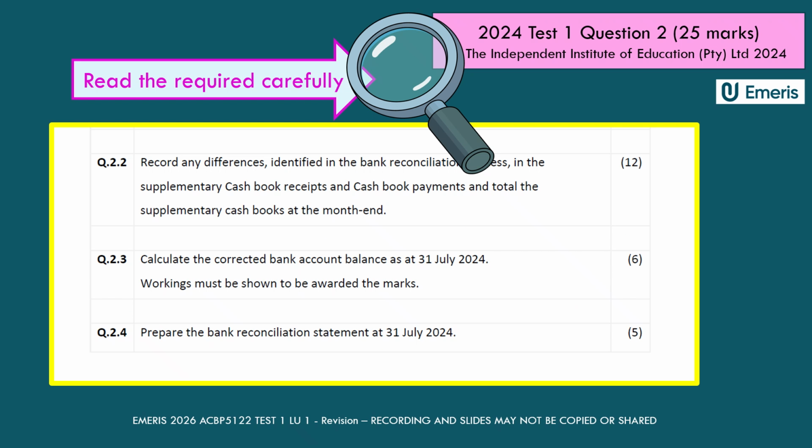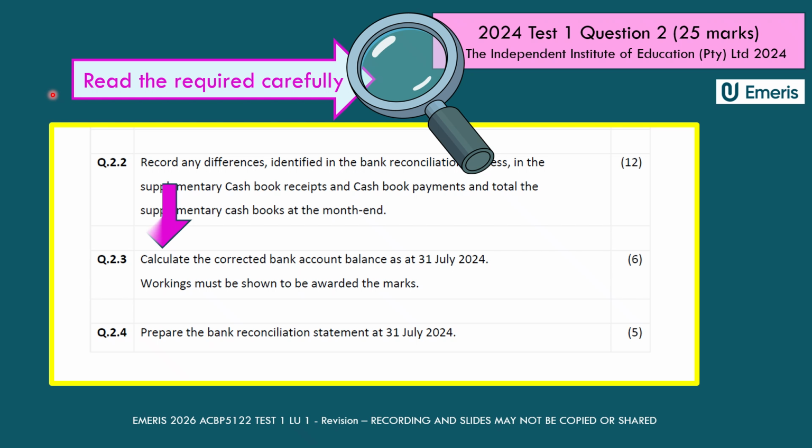Then the second big important tip for any assessment is to make sure you are reading your required with great care, and also all the additional information that's given to you in the question. So when you tackle a question, don't just think, oh, this is Learning Unit 1, I know what they're going to ask. It's the cash books and the bank account and the bank reconciliation.